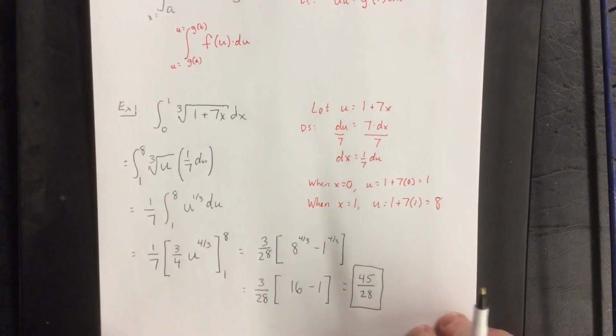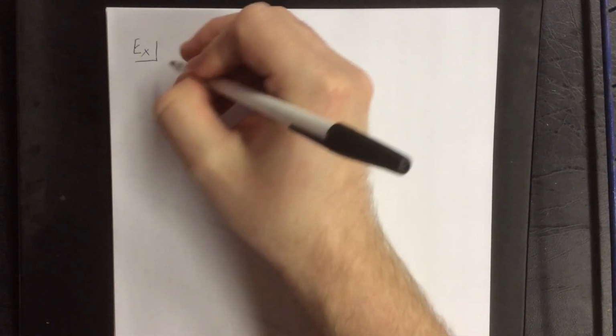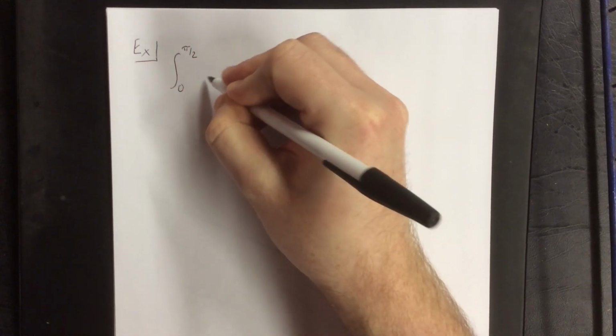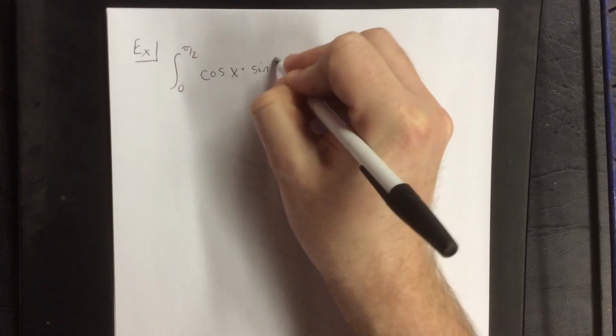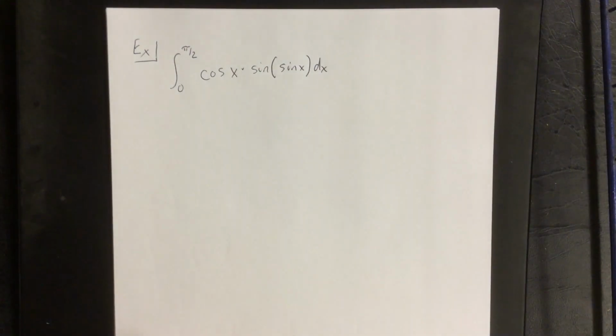Let's try another. For the next example, I'd like to do the definite integral from 0 to pi over 2 of the cosine of x times the sine of x dx.